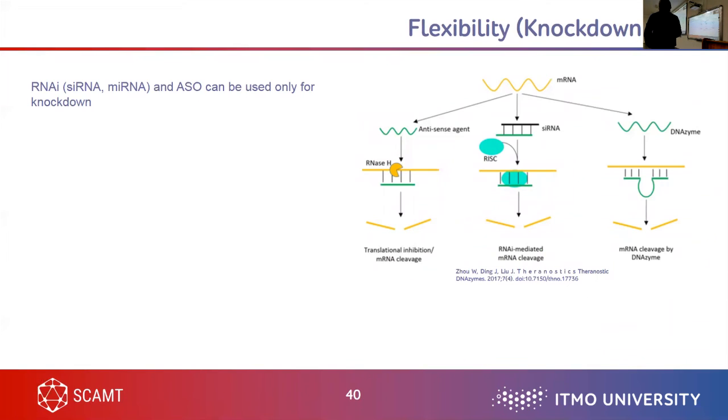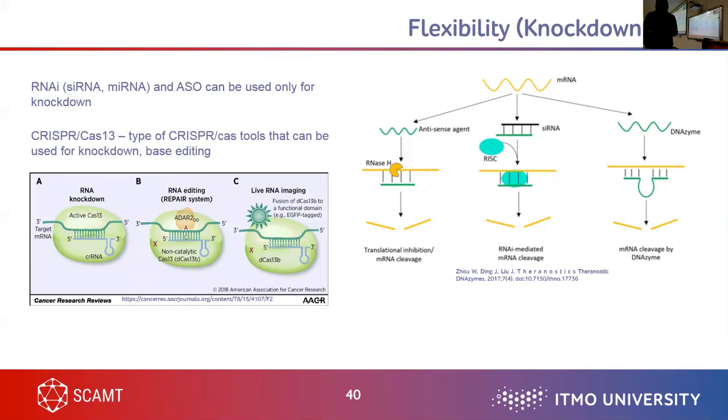If we talk about flexibility of knockdown tools, usually we can use them only for cleavage of RNA. So if we use siRNA, shRNA, or antisense oligonucleotides, we can use them only for RNA cleavage and nothing more. CRISPR-Cas13, it's a variant of CRISPR-Cas12, can be used for knockdown or for RNA editing.